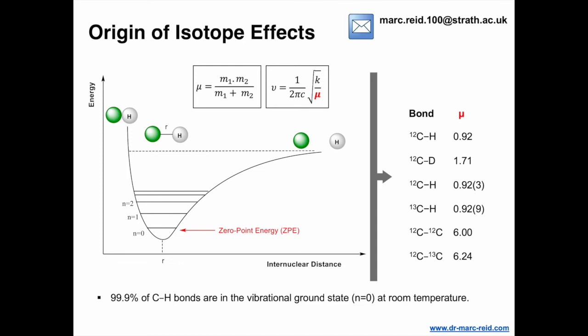This is why deuterium kinetic isotope effects are the most widely used of any kinetic isotope effect. Larger changes in vibrational frequencies mean larger changes in bond strength, and that in turn means easier to measure and record experiments than the subtler isotope effects.